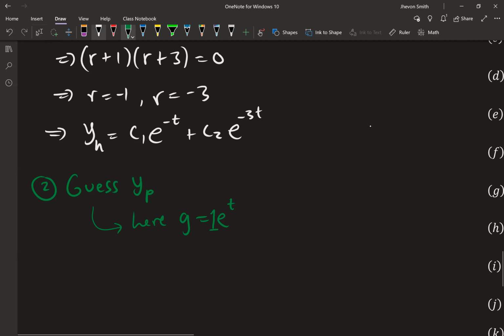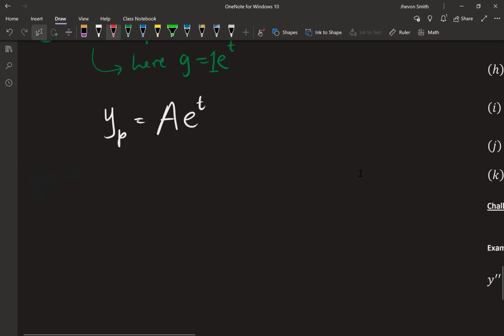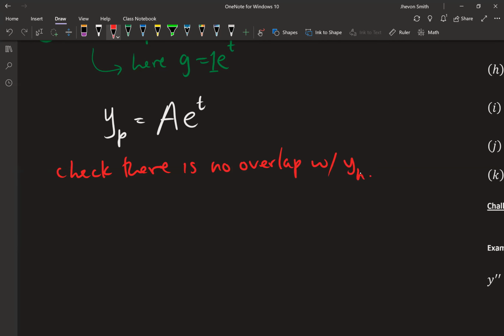So my guess is going to be yp equals some general 0-degree polynomial times that exponential. Now I'm going to go back and check there is no overlap with YH.